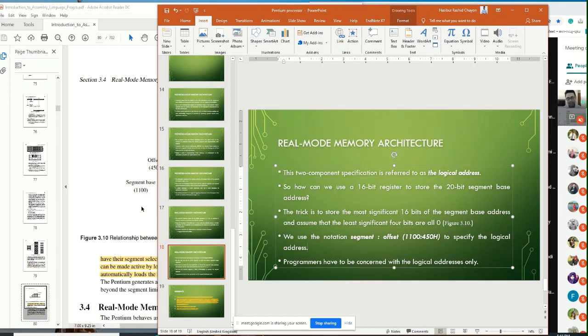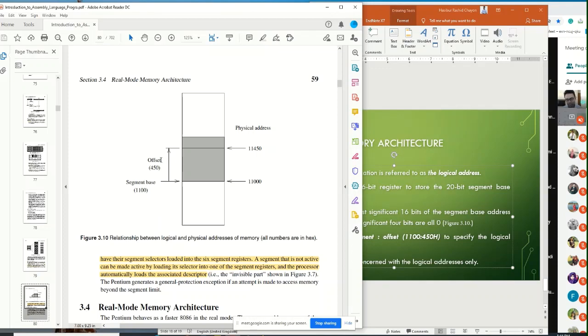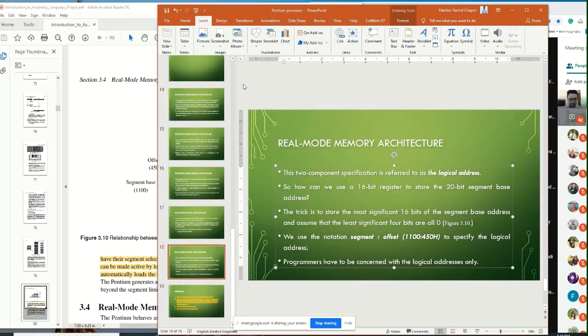The best thing about this real mode architecture is that every logical address of this type of memory architecture has its corresponding physical address. That means if you have a logical address, you can easily find the corresponding physical address. Physical address means the original hardware address.